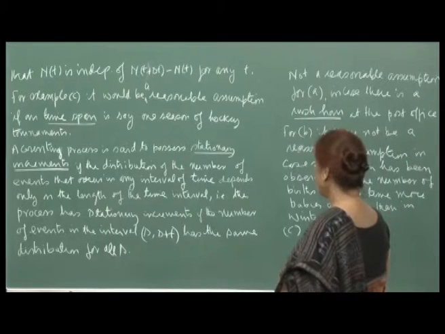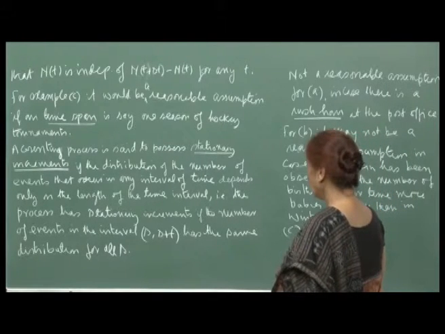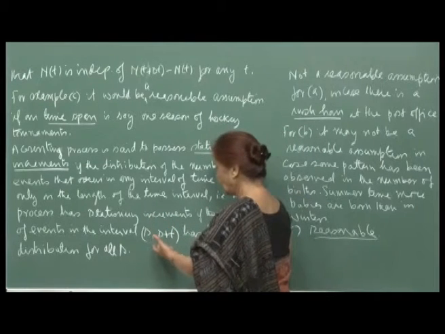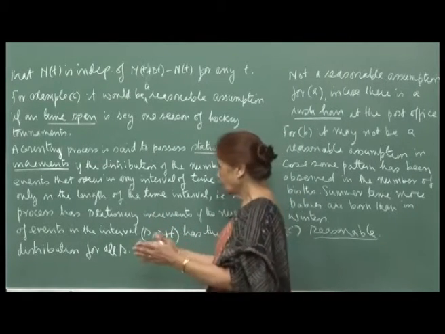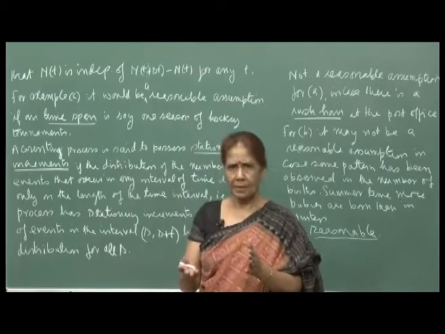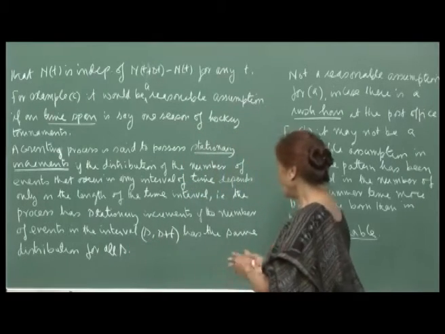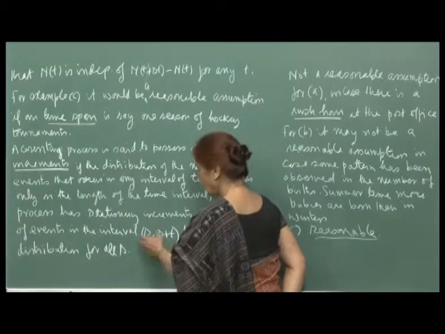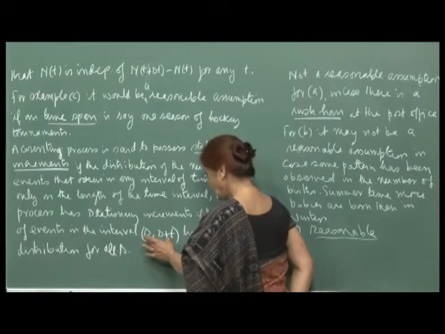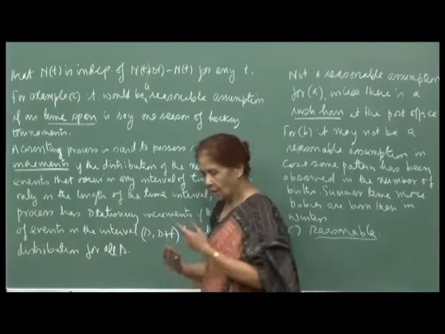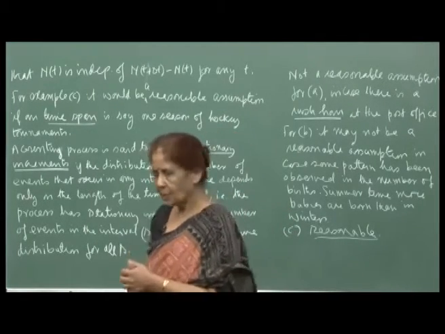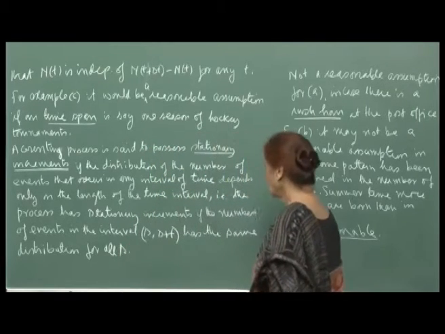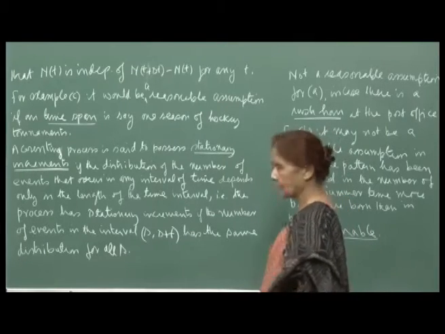Here again, if the hockey player is in form, then surely the number of goals that he hits will depend on the length of the time that he has played. Okay. And so, it will have the same distribution, and the number of goals that he hits would depend on the length of the interval and not on when he hits.